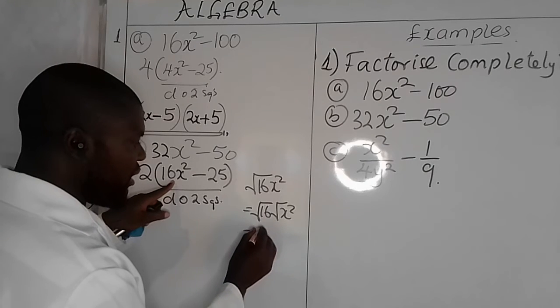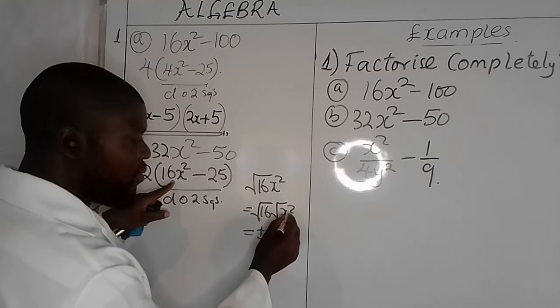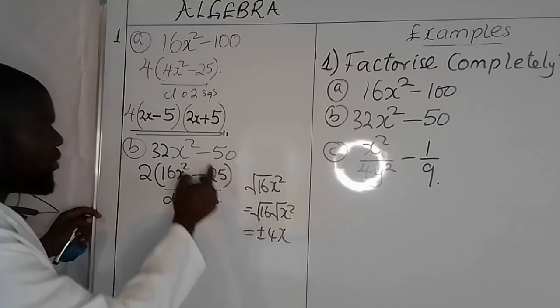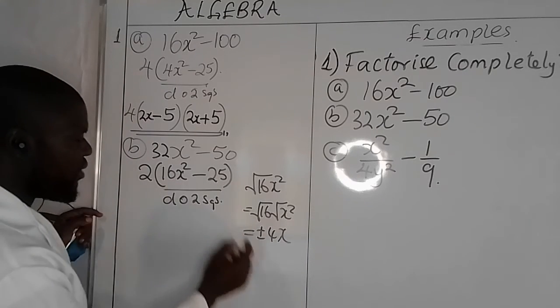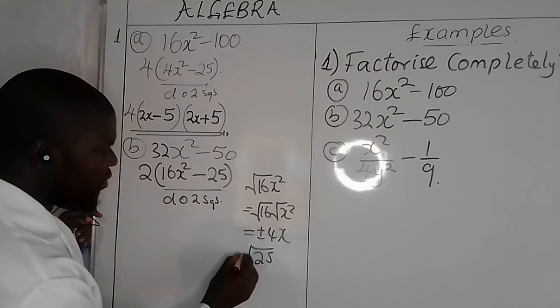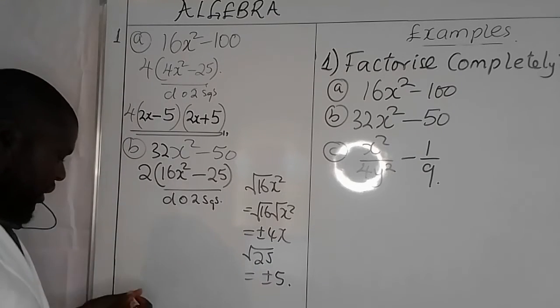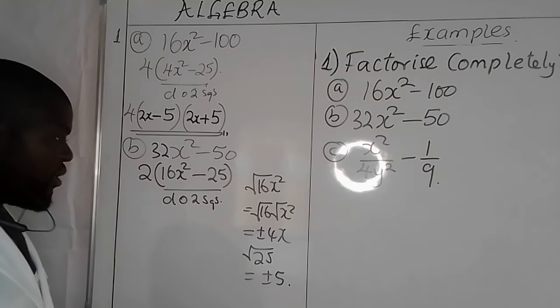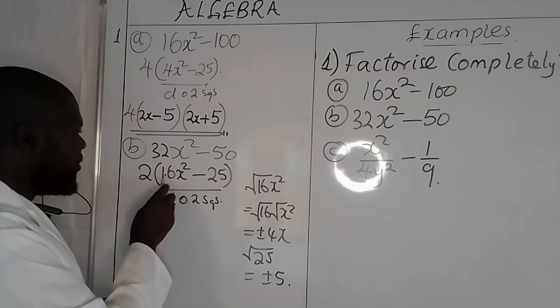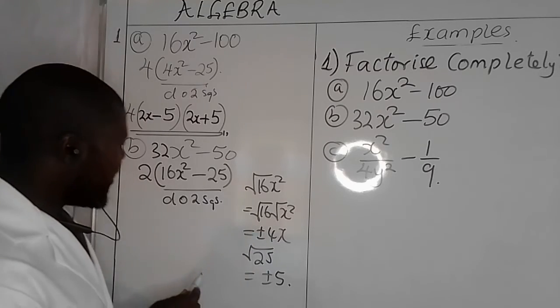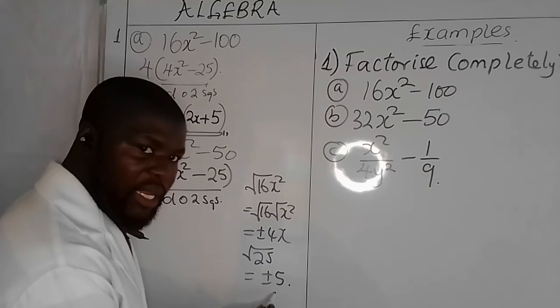The square root of 16 is plus or minus 4. The square root of x squared is x. You also get the square root of 25, which is plus or minus 5.